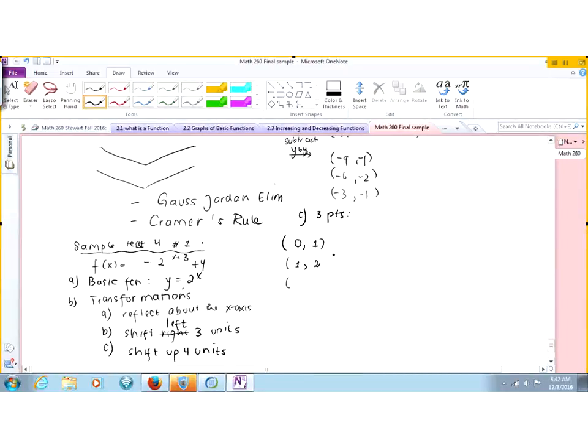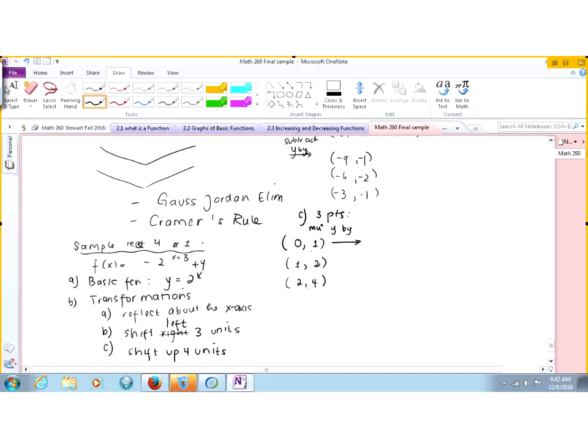One more. 2. Okay. If x is 2, then what is y? 4. Yes, 2 squared. 2 to the 0 is 1, 2 to the first power is 2, 2 squared is 4.